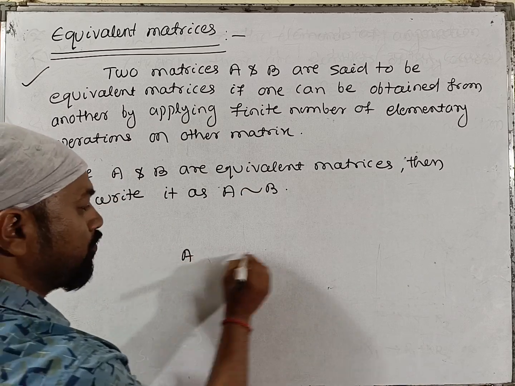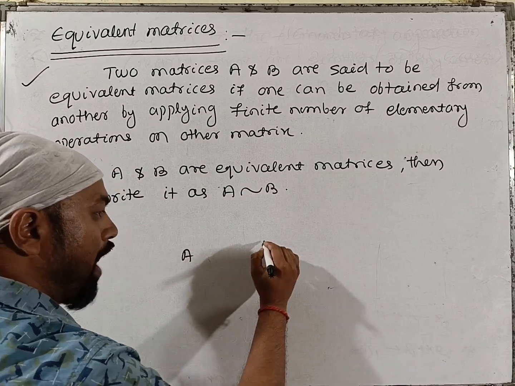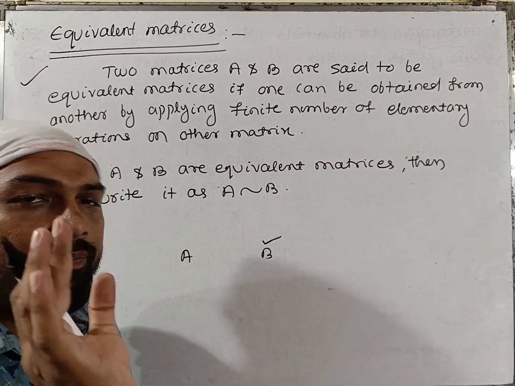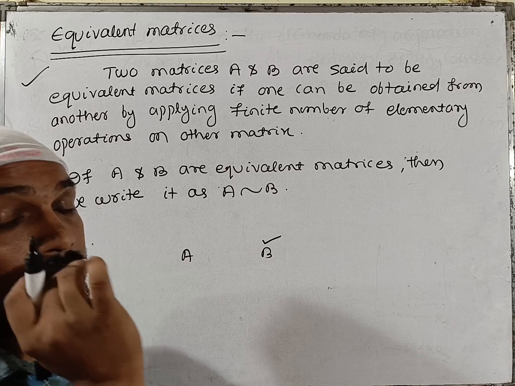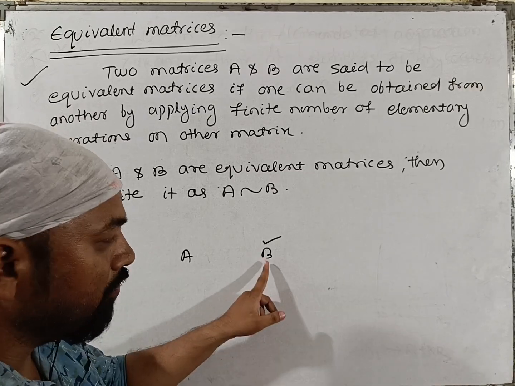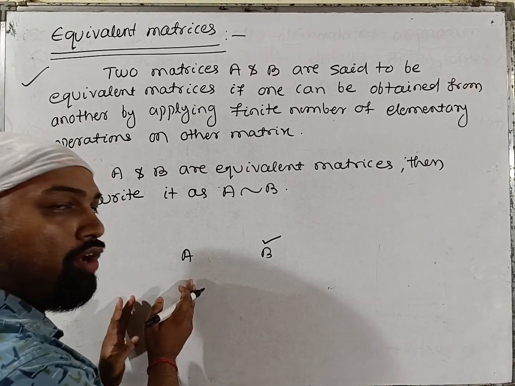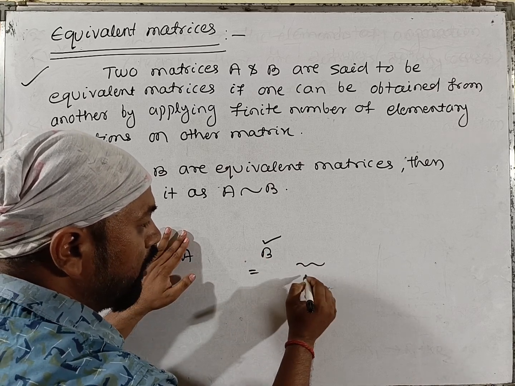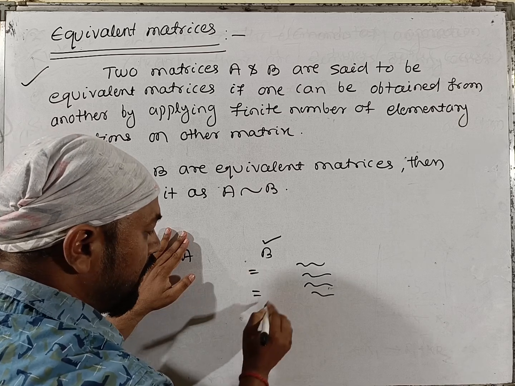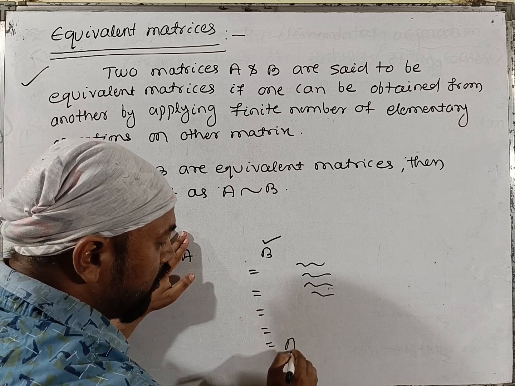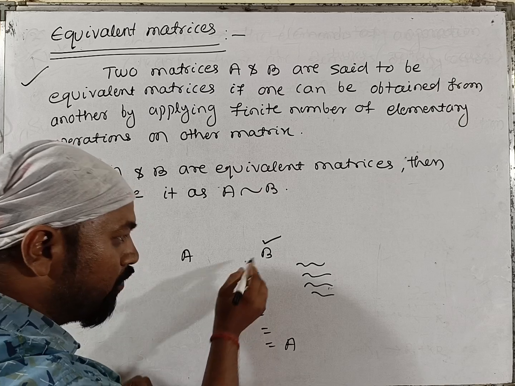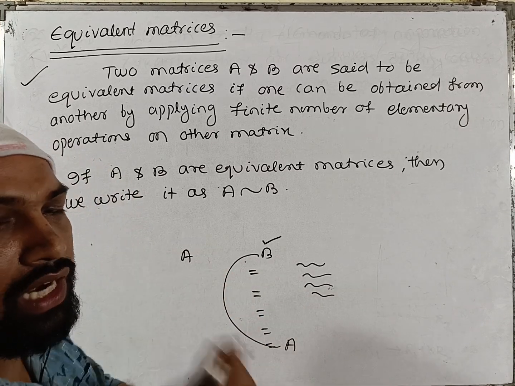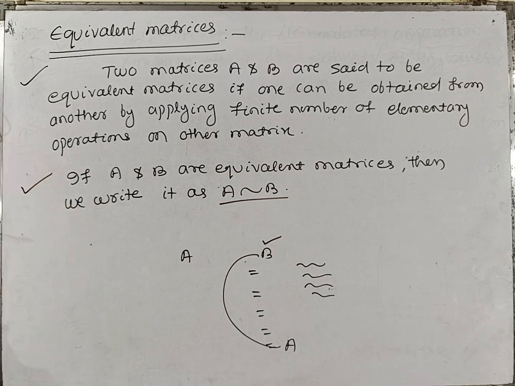That means, suppose there are two matrices A and B, and you apply a finite, that is countable, number of elementary transformation methods on the matrix B, and then you will get the matrix A. After some steps you will get a new matrix, so you can call these two matrices A and B equivalent matrices, and it is denoted by the symbol A ~ B.